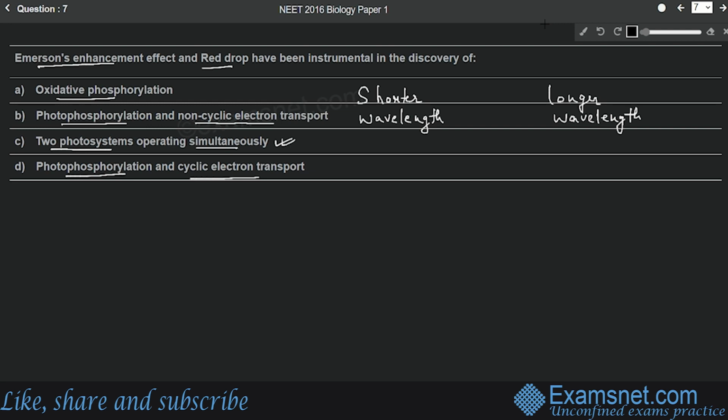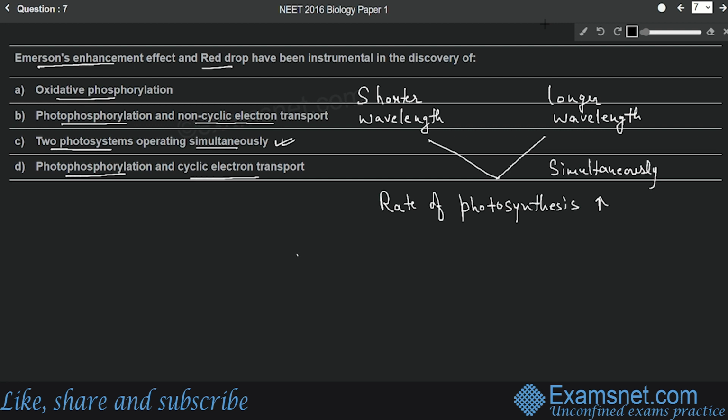Okay, then next time the light of these two wavelengths, that is shorter wavelength and longer wavelength, were used simultaneously to check if there is any change in the rate of photosynthesis, and it was observed that this time the rate of photosynthesis was much higher. That means when these two wavelengths were used simultaneously, then the rate of photosynthesis increased. Okay, so it was concluded that there must be two different photosystems that are working at different wavelengths.